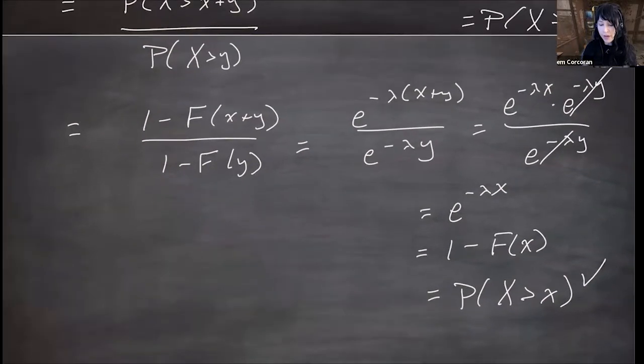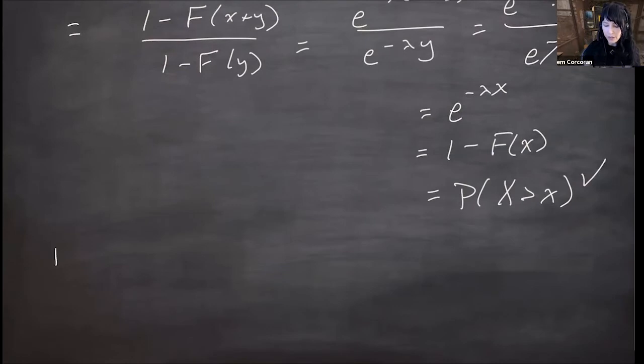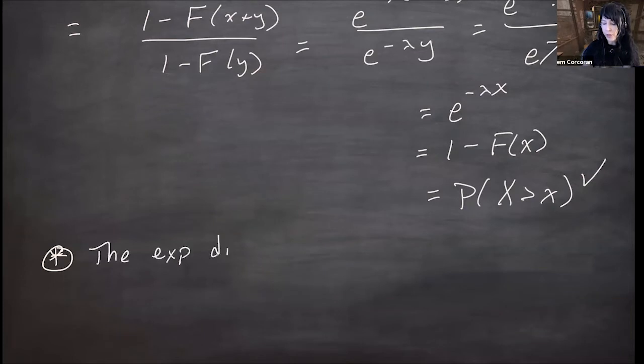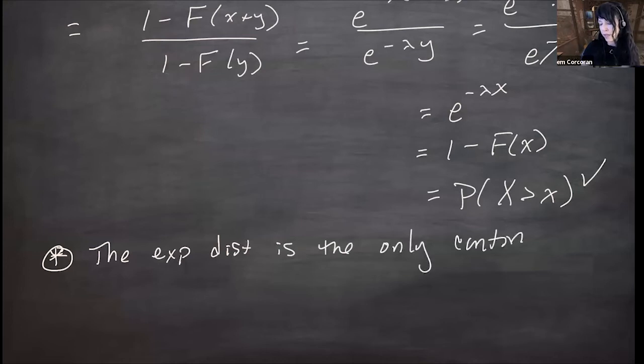So let me write the statement here with a nice little star. The exponential distribution is the only continuous distribution with this property, outside of maybe a shifted exponential. Let me finish writing this though.